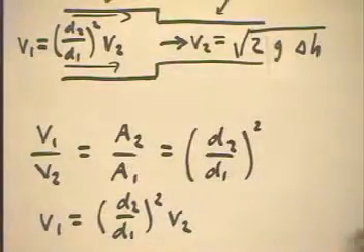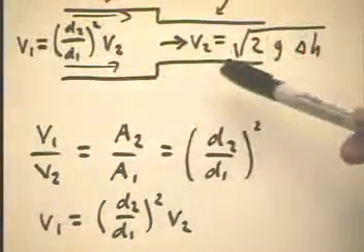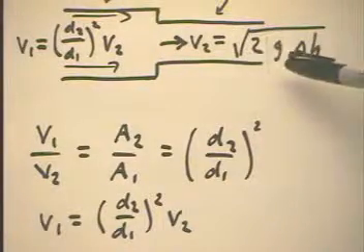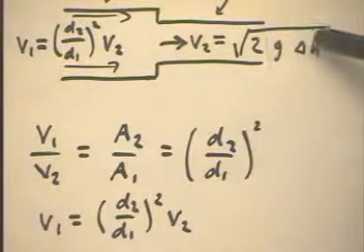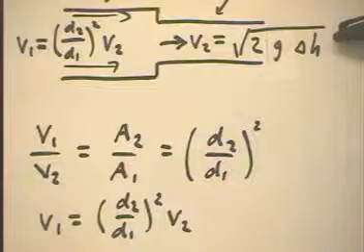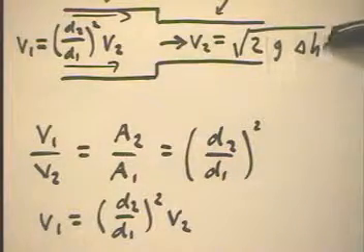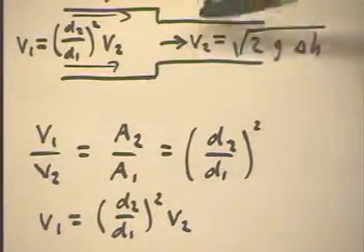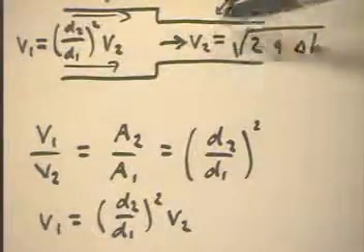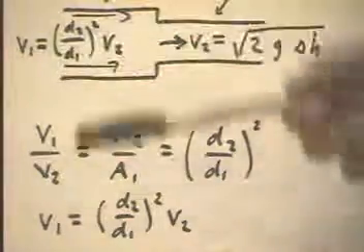So now we have an expression for velocity V1 in terms of velocity V2, which is expressed just in terms of delta H. As long as we know how high the water is in that first tube, that tells us delta H, which gives us our model for V2. And if we know the two diameters, then we can get our V1.